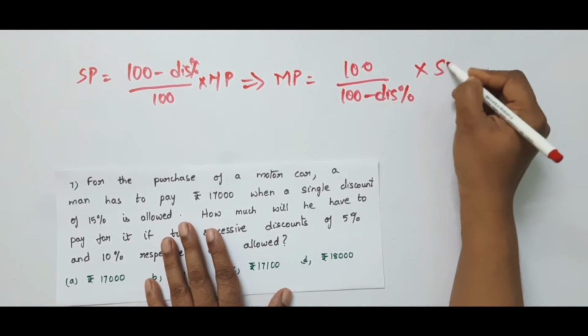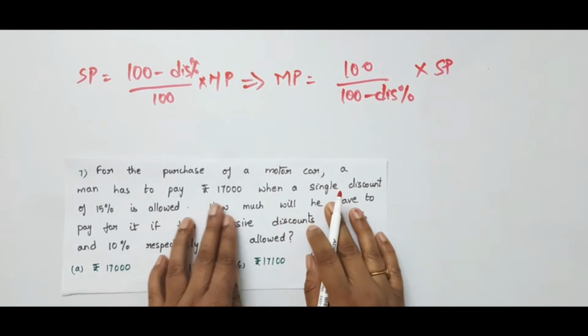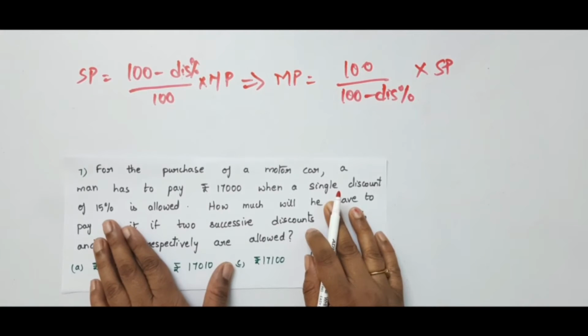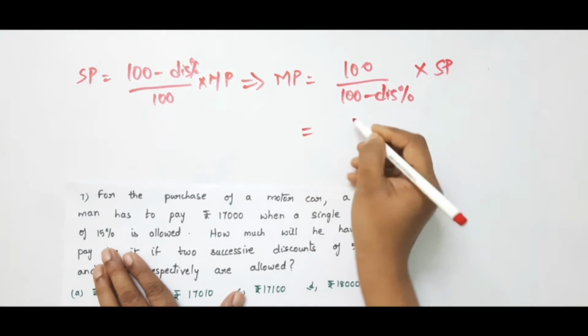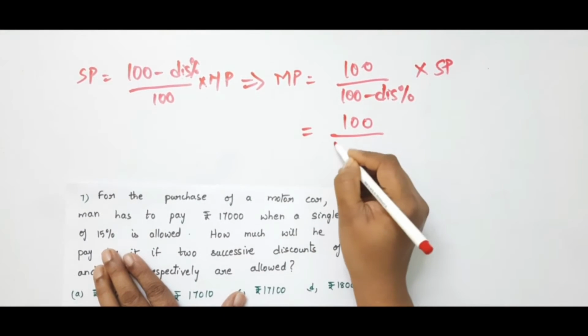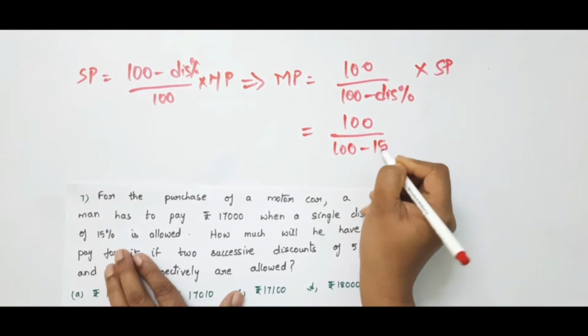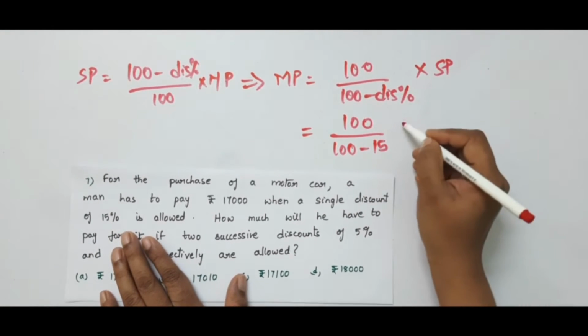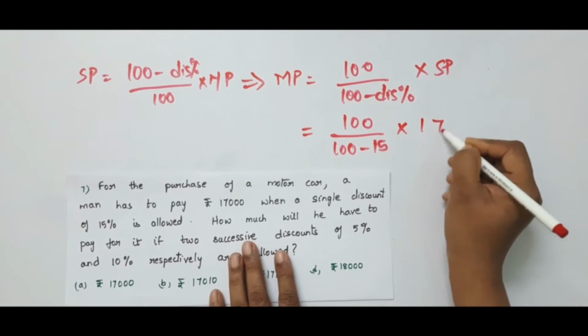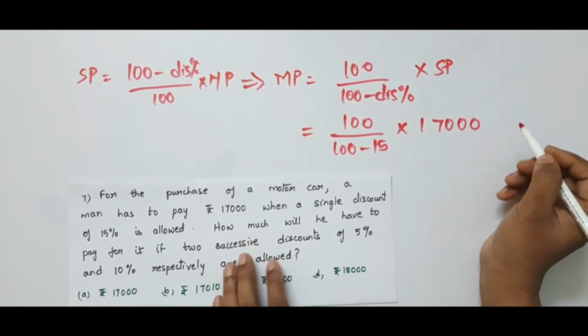So in the first sentence, he has given the selling price and he has given the discount. Just substitute here. You will get 100 by 100 minus 15, that is nothing but 15% is the discount, into selling price. Selling price is 17,000. Is it not?